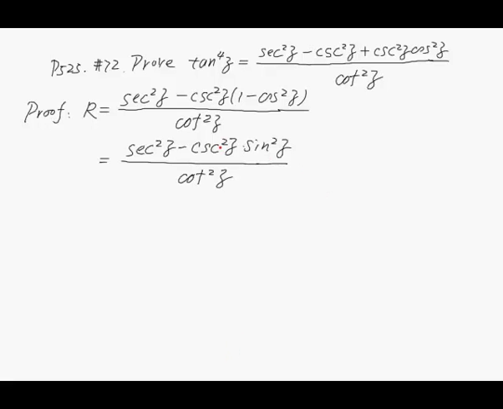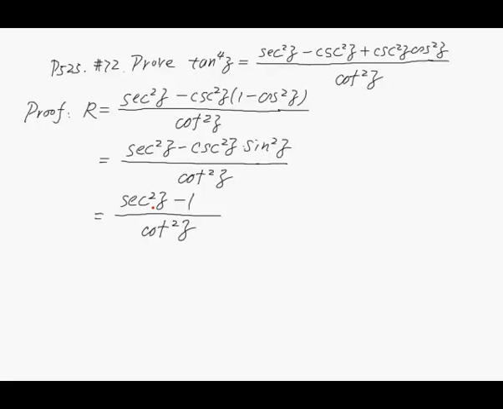Then tell me, what is the cosecant square of z times the sine square of z? By one of the reciprocal identities, cosecant z is equal to 1 over sine of z. So together, they make 1. Okay, so we just got secant square of z minus 1 divided by cotangent square of z.